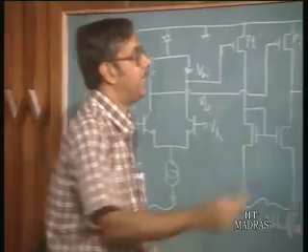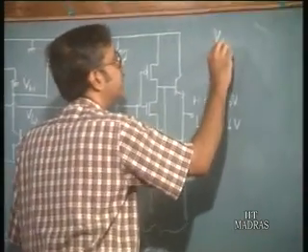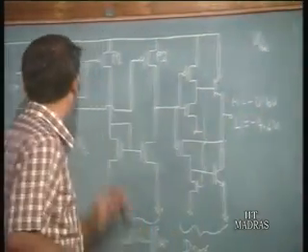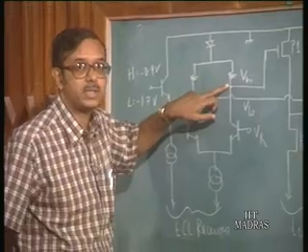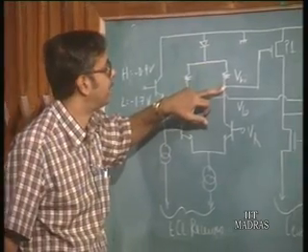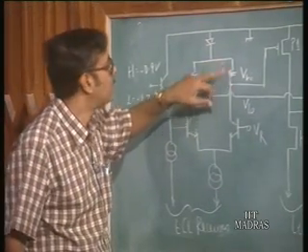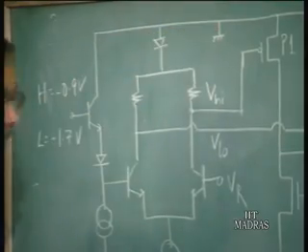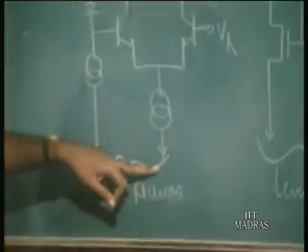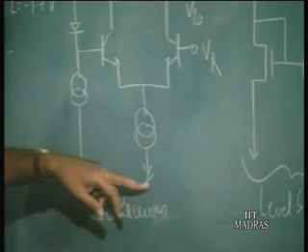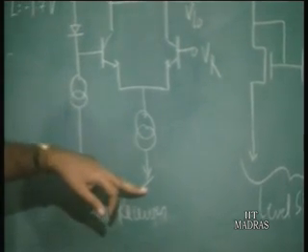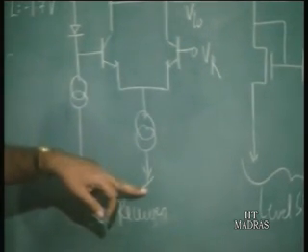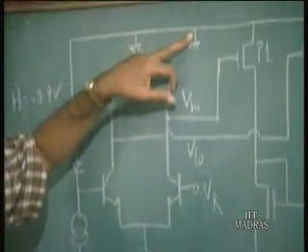So, V high, that is the high voltage, is when there is no current flowing through this resistance here. So, what is the output voltage here? This is ground and this is minus VEE, as in the case of ECL. So, this is minus 5.2 volts, which is the standard voltage for ECL, and this side is at ground.